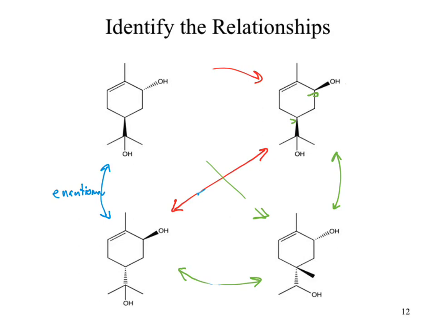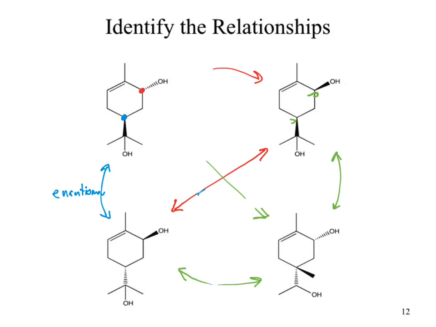If we go up and identify our chiral atoms in that top structure, you should be able to identify that spot and that spot. What happens to the OH? Let's call it the red OH. When I go down, it was dashed, and what happens to it in the bottom structure? It's wedged, which means it flipped. It's a mirror image.